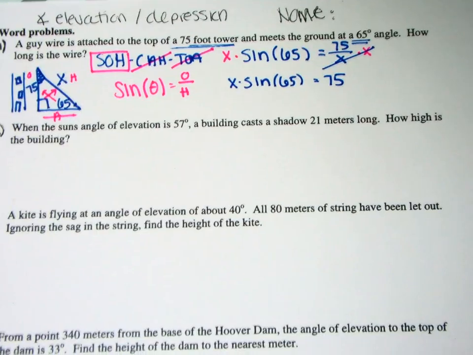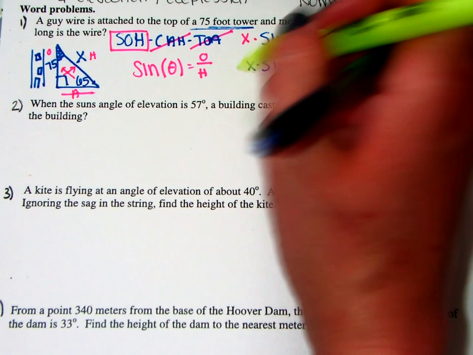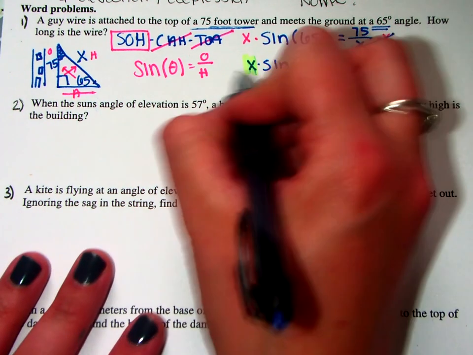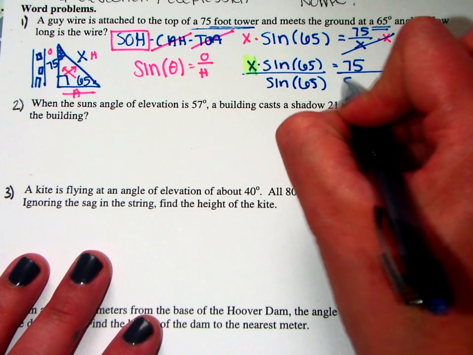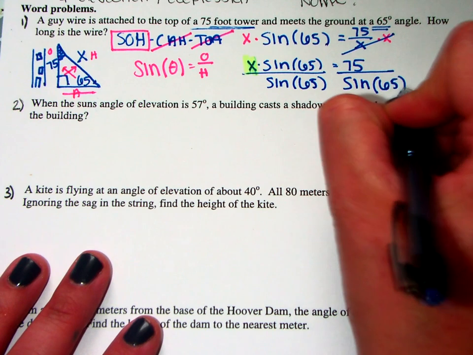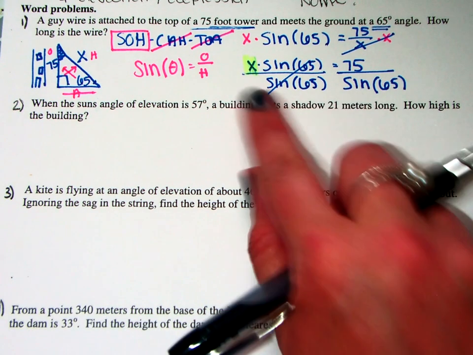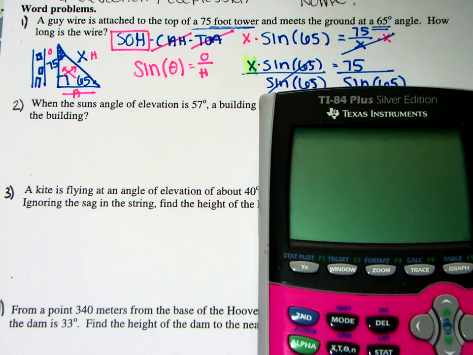Now I'm not going to pick my calculator up just yet, because my variable that I'm trying to solve for is X, and it's isolated. So I'm going to divide both sides by sine of 65. Sine of 65 is just a number, so I can add, subtract, multiply, divide it. Those cancel, and I'm left with X equals 75 over sine of 65.